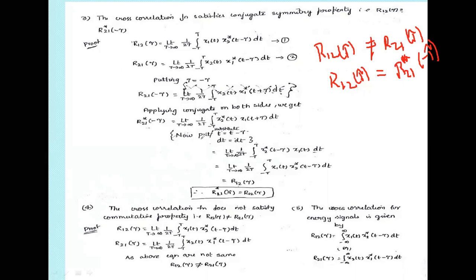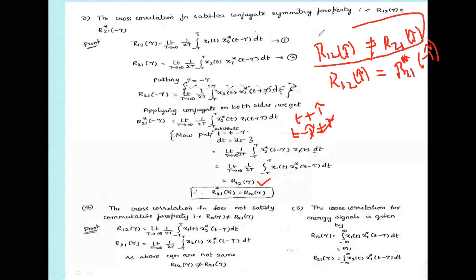So limit t tends to infinity 1 by t, the integral from minus t to t, x2 conjugate of, replacing t as t minus tau, and here t plus tau becomes t minus tau plus tau, the tau gets cancelled. So x2 conjugate of t minus tau, x1 of t dt. Now this is equal to the cross correlation function R12 of tau.